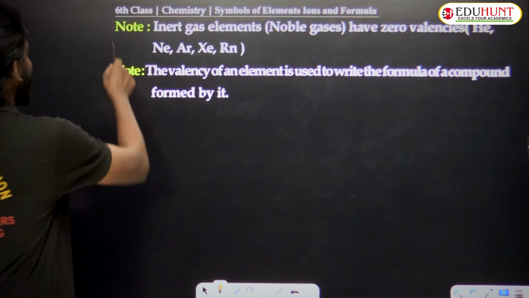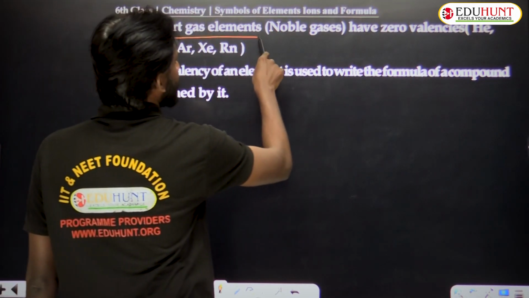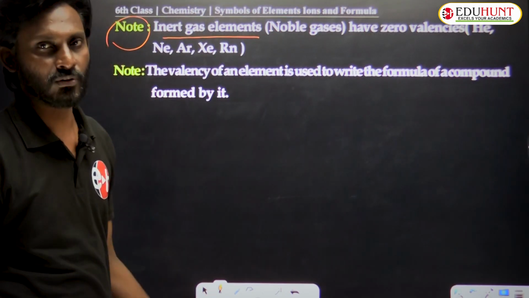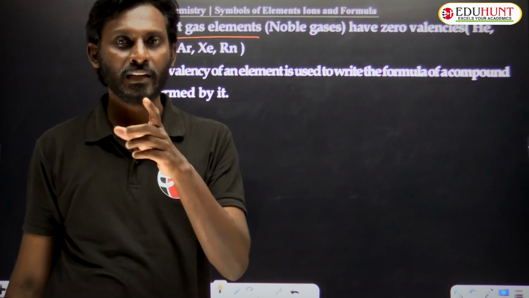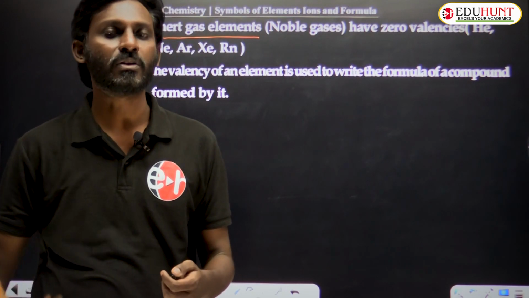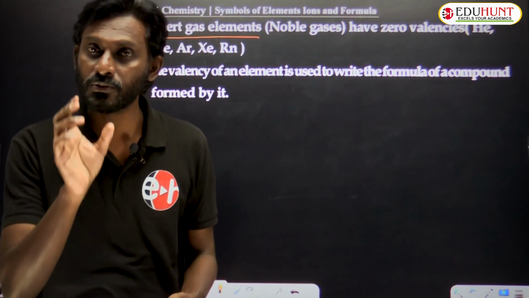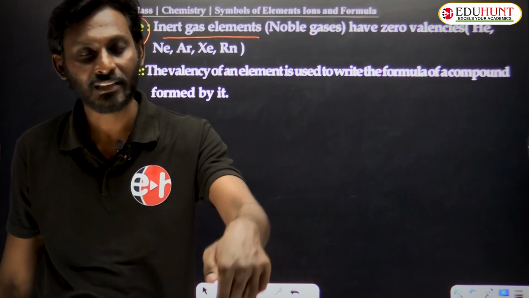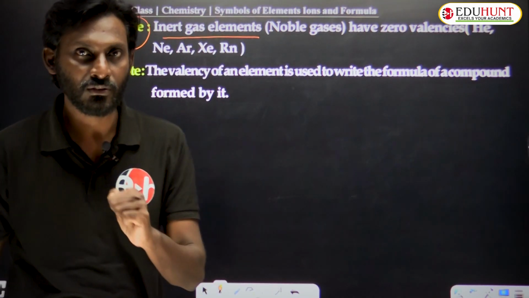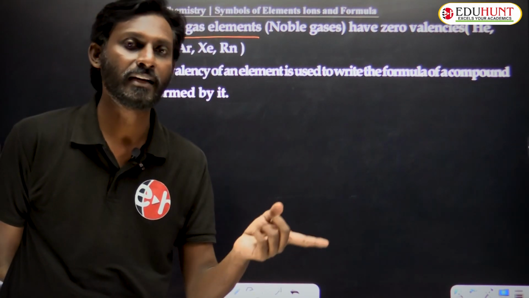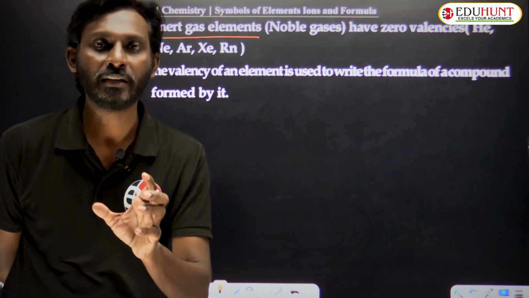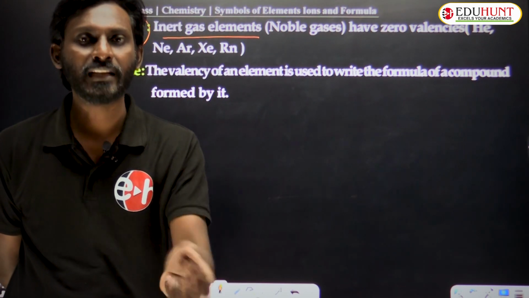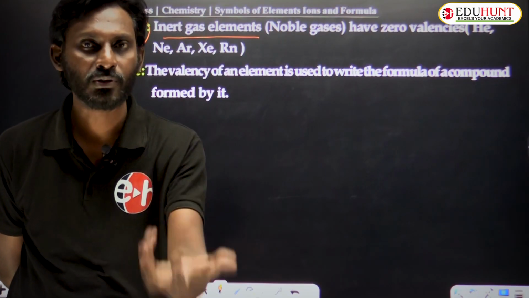And there is an important point, note: inert gas elements have 0 valency. I told you already, inert gases means helium, neon, argon, krypton, because all those atoms already have a stable electronic configuration in the outermost shell. I told you why an atom combines with another atom: to get stability. What is stability? Having 8 electrons, a stable configuration in the outermost shell.